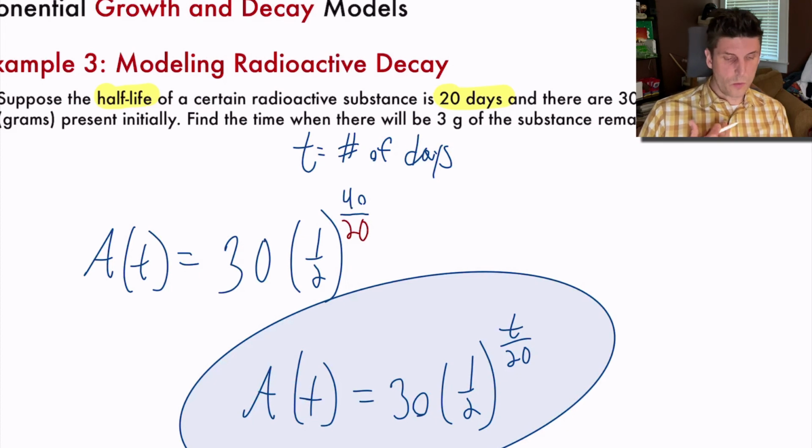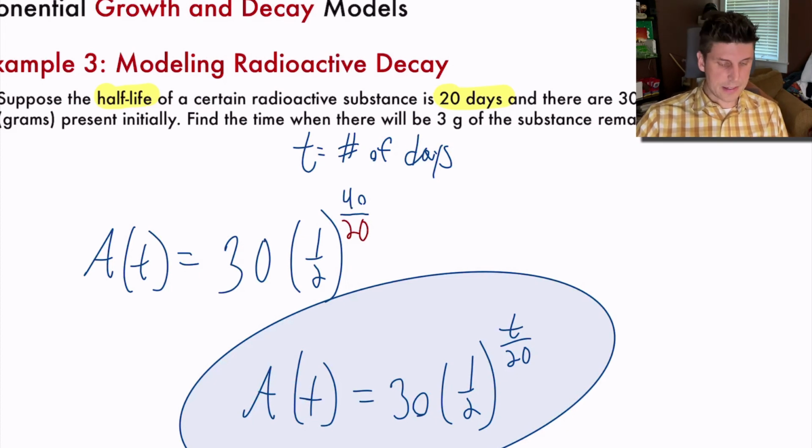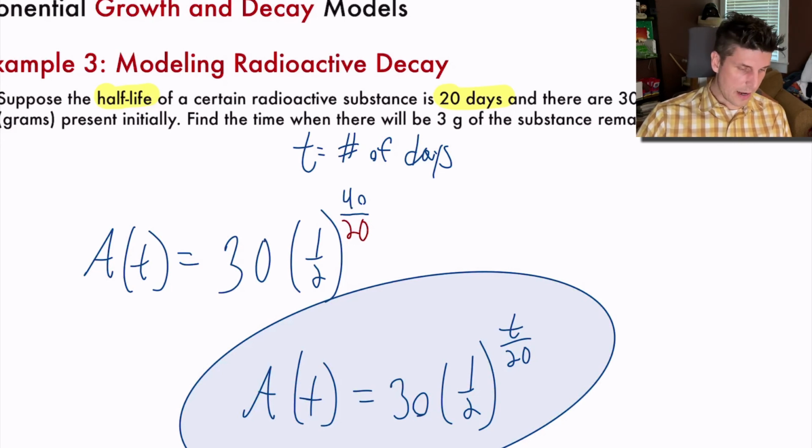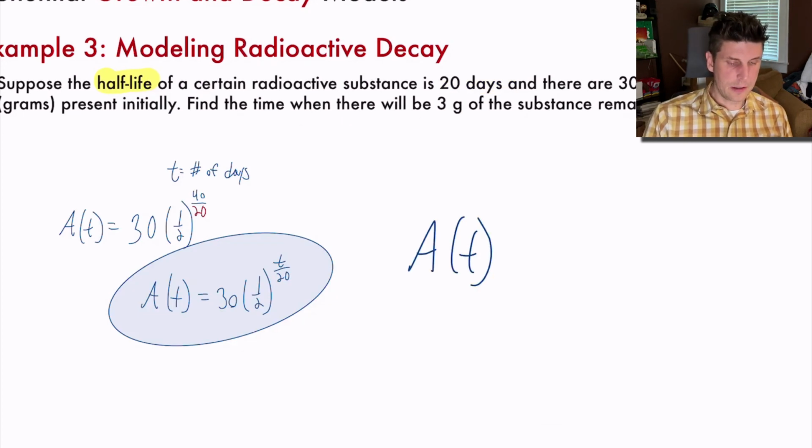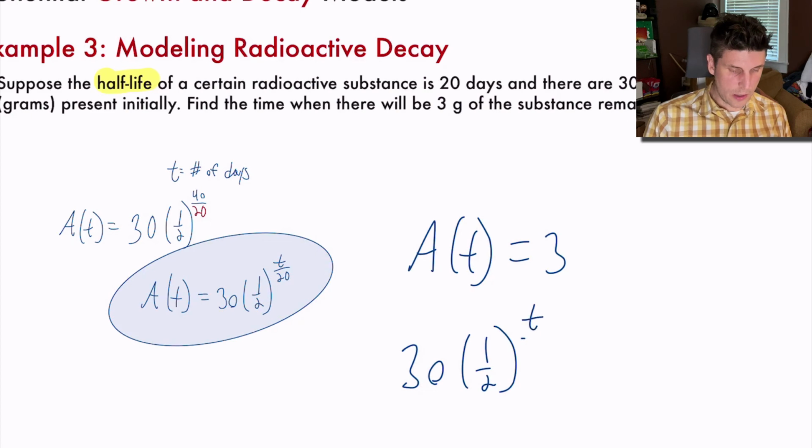So since we have not discussed in this class how to solve an exponential function yet, we need to actually use a calculator as we did with the last one. We're going to say A of t equals 3. When does A of t equal 3? When 30 times 1/2 to the t over 20 equals 3.